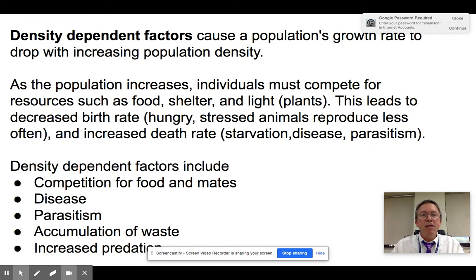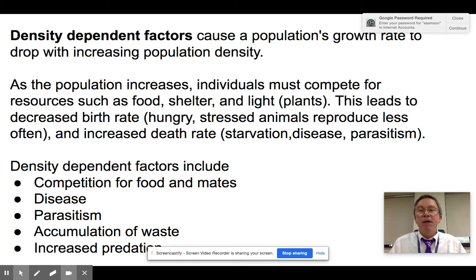So basically, density-dependent factors are going to slow the rate of growth because of how large the population is. So that's why it's called density dependent. As the population gets bigger, there's more competition for food, for shelter. If you're a plant, shade is a problem. There's more waste materials around. There's more fighting between the animals.